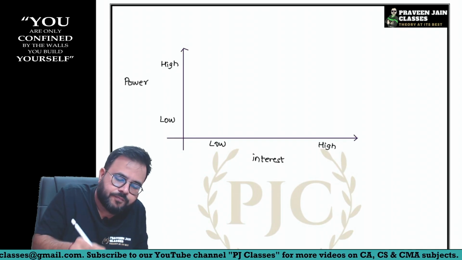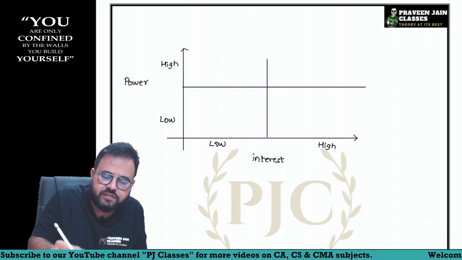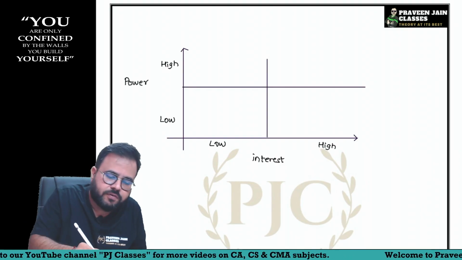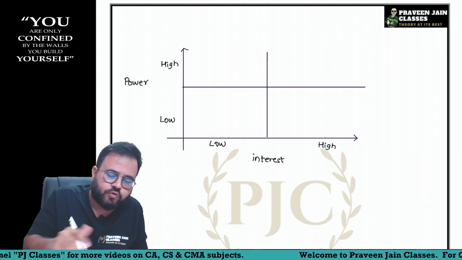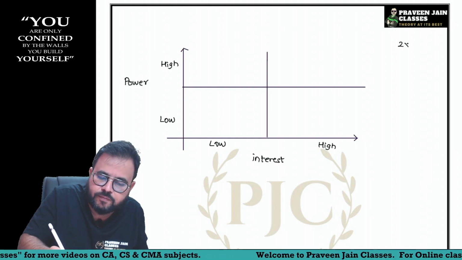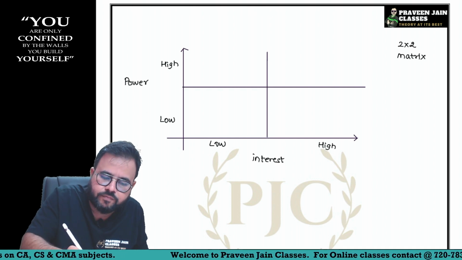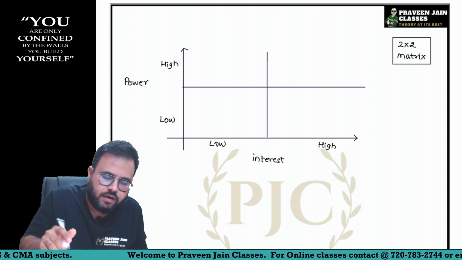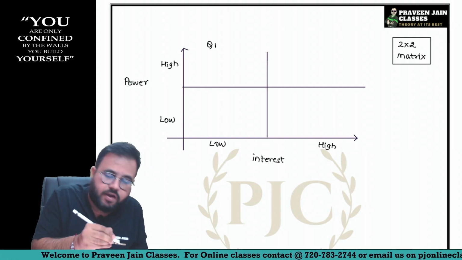Very good. So if we put this into a 2 by 2 box matrix, rows and columns, it is a 2 by 2 matrix. Tell me, what is quadrant 1 talking about?